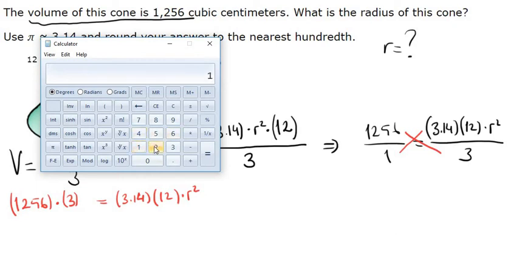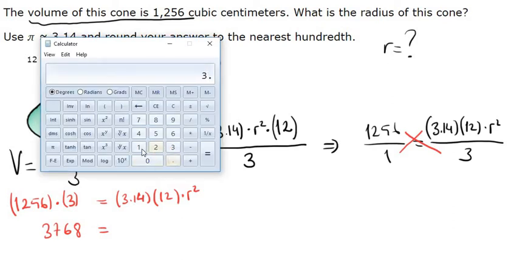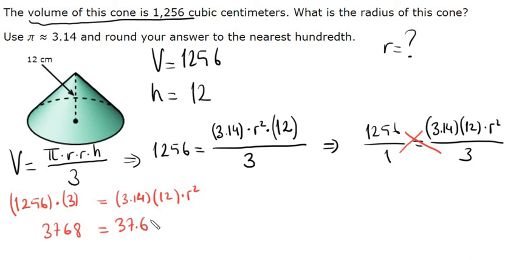That's going to be 3768. 3768 is going to be equal to 3.14 times 12. Let's find 3.14 times 12. So that's going to be 37.68.